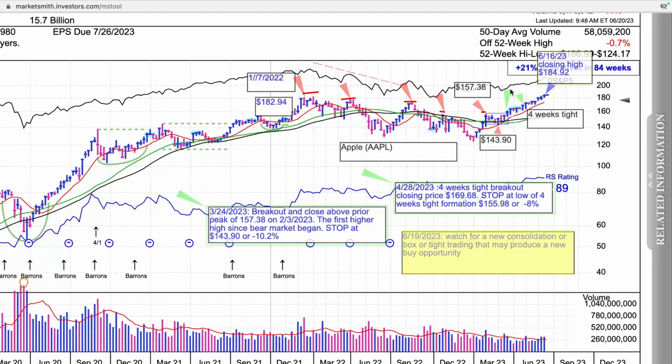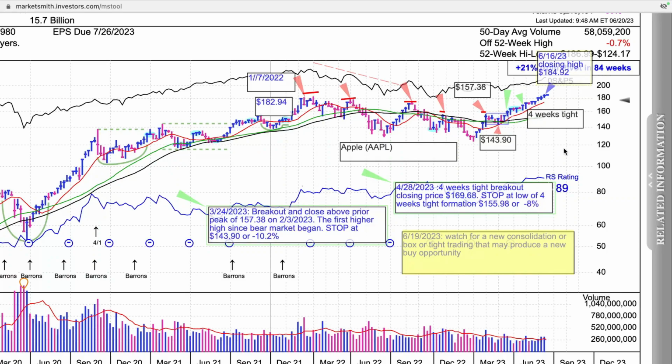So Apple has now closed at an all-time closing high on a weekly basis. And that, I guess, tells us that there's a big potential for Apple to keep going higher.